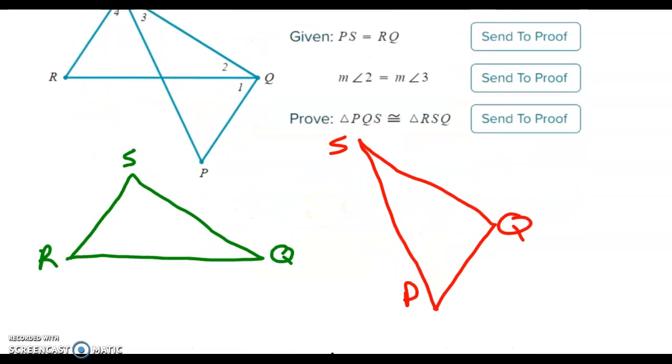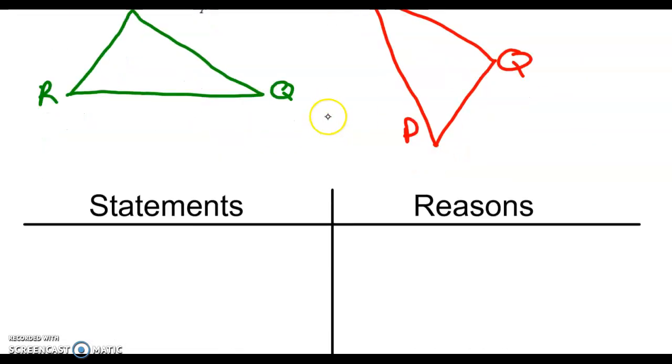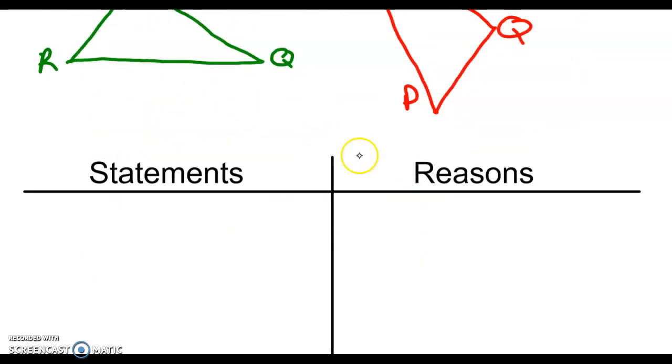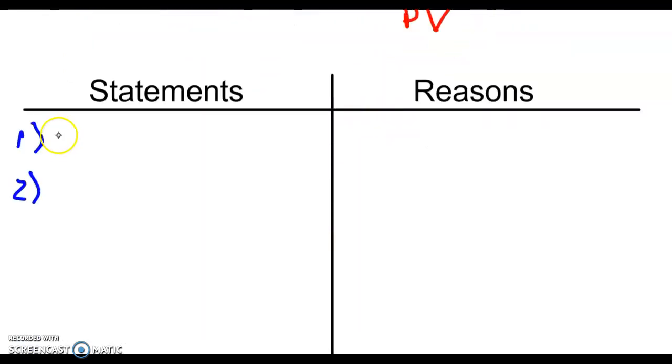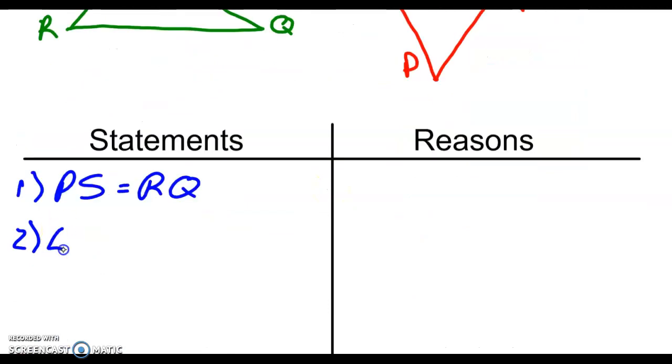Now, again, a lot of this is getting used to the tendencies, getting used to the things that we are seeing repeatedly. So first of all, statement 1 and statement 2 are going to be the givens. Again, notice that they're stating that these things are equal. So PS is equal to RQ. And then they're also saying that angle 2 is equal to angle 3.